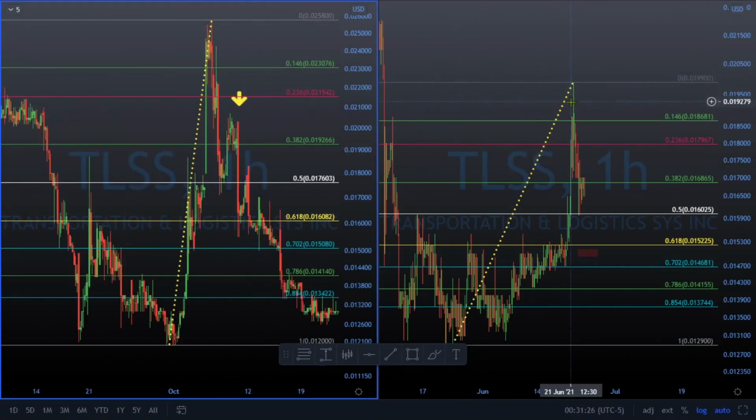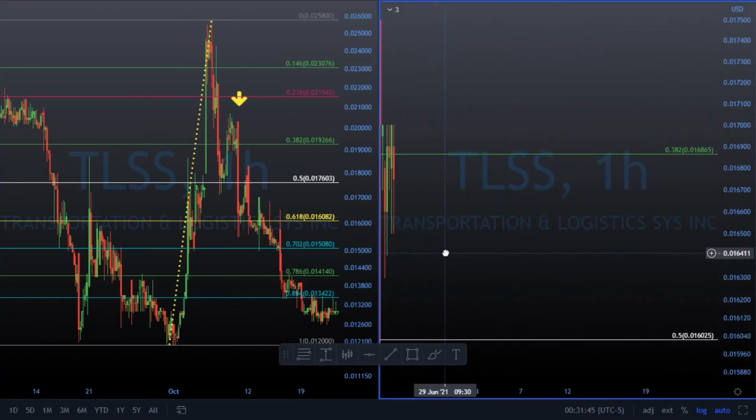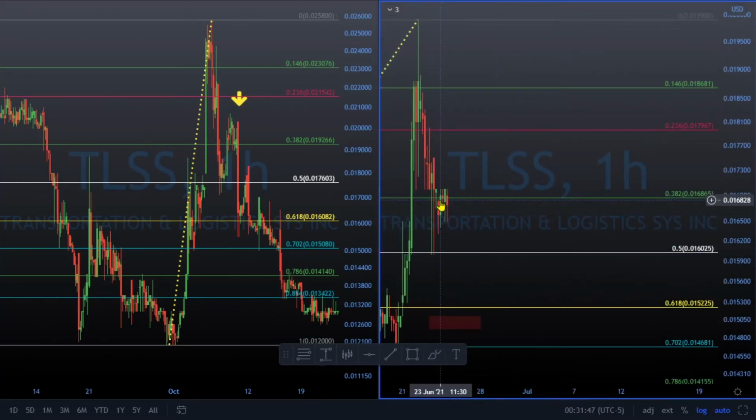So this first thing it does, comes down. It actually stops shy of the 0.382. See it playing at the 0.236, and then down to 0.5, back up to 0.382, which is where we are sitting at currently.